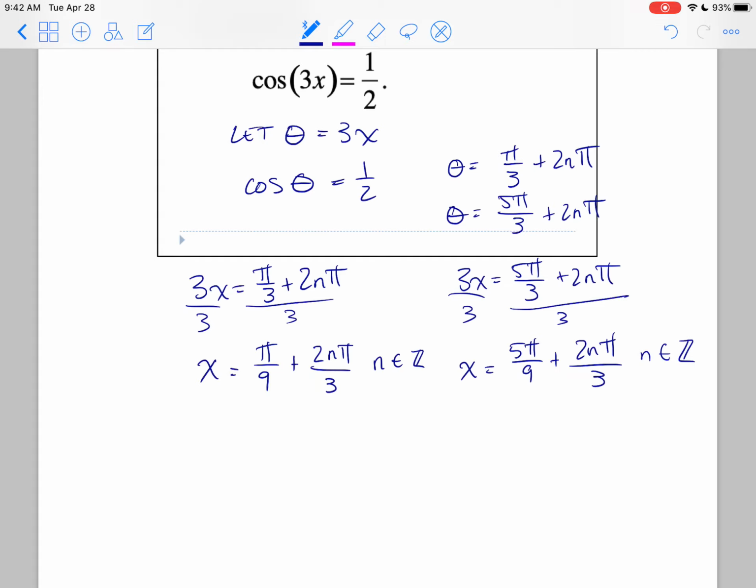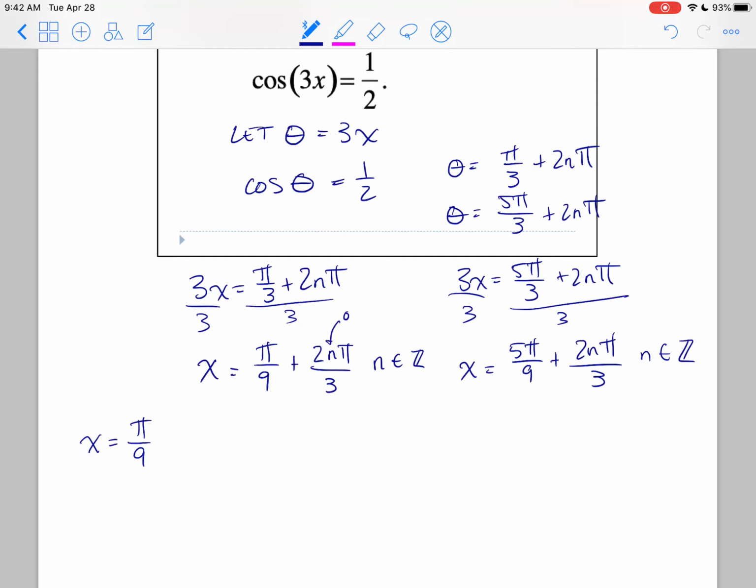I could start with 0. If I plug 0 in here, then I'm going to get a value of pi over 9. So x equals pi over 9.